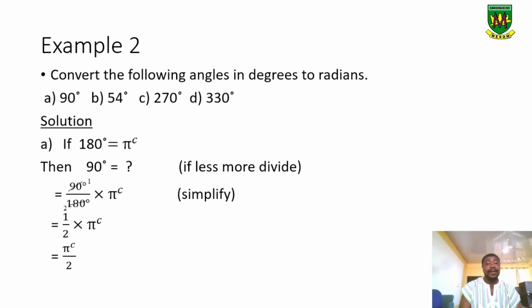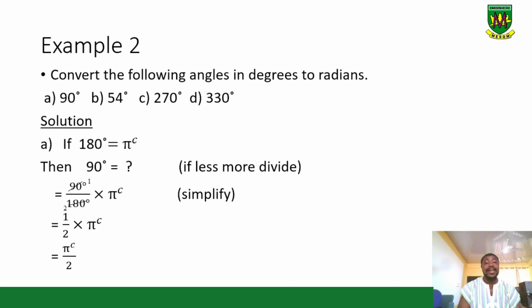Now if 180 degrees is equal to pi radians, then 90 degrees will be equal to what? So we still use, 90 degrees is less than 180. Therefore, if less, more, we divide.